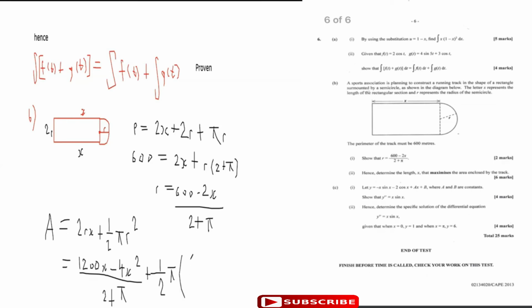Squaring the numerator would be 600 squared. That's a big number. So I'm just going to write it as 600 minus 2x all squared over 2 plus pi all squared.